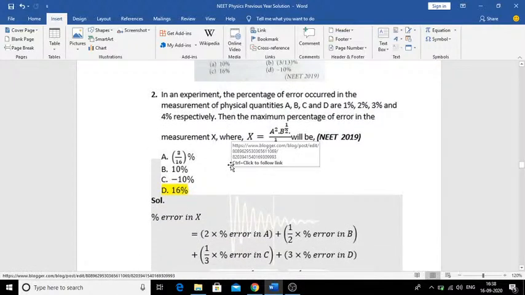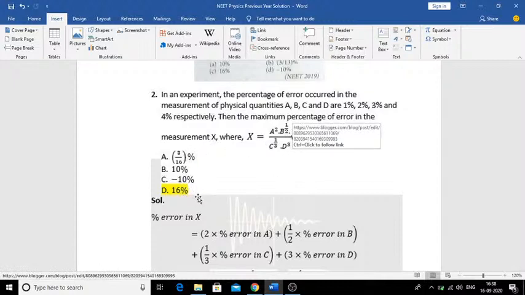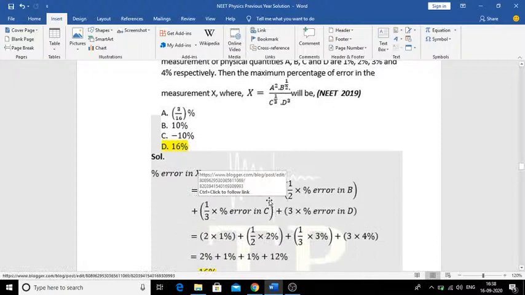Now here again I have the solution. You can see these questions are repeated, only the solution options are shuffled, so we can directly go to the solution.